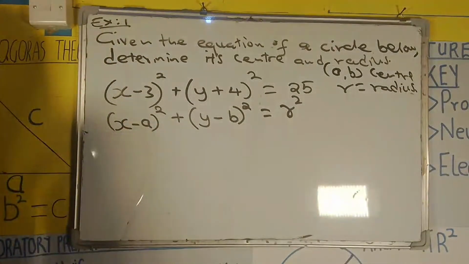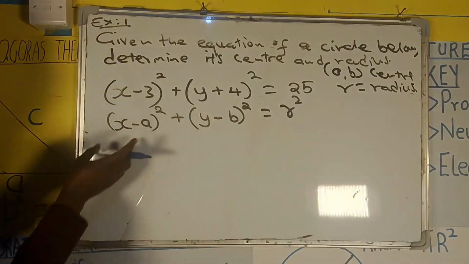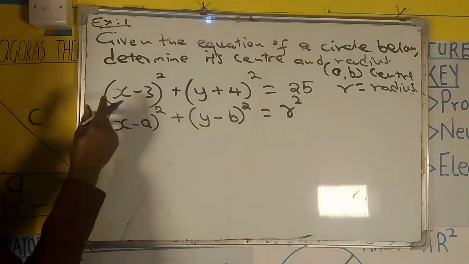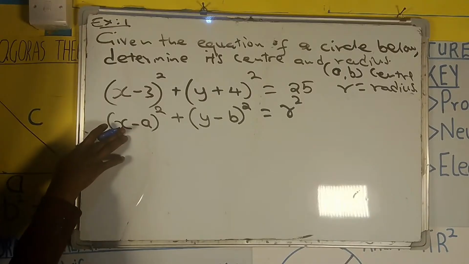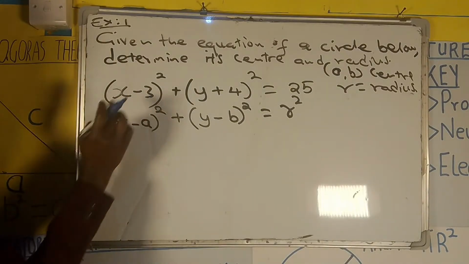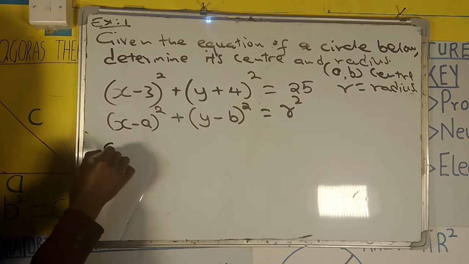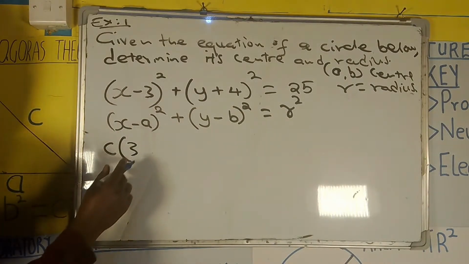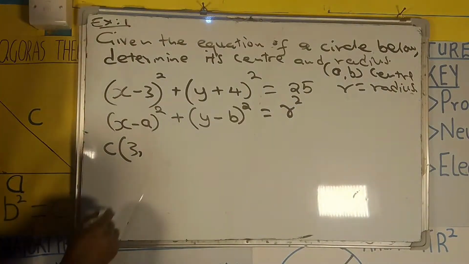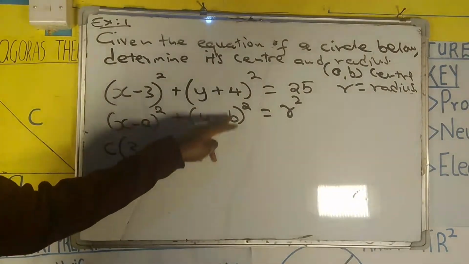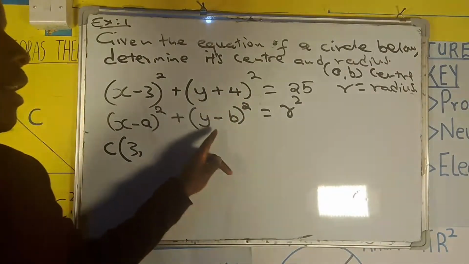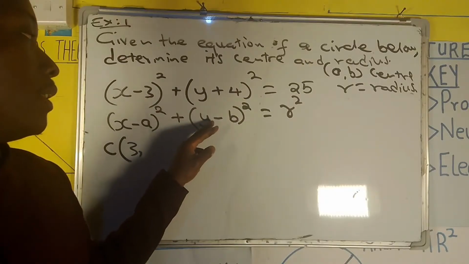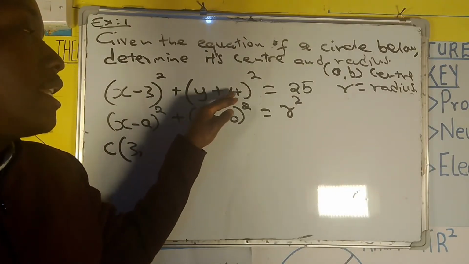So in this case, here we have x minus 3 and this one is x minus a, so a is 3. Kwa hivyo tunaweza sema our center has a equals 3, and b, if this one is plus 4 and the formula is y minus b, ni kumaanisha ilikuwa y minus negative 4.